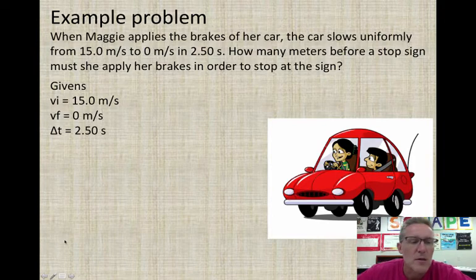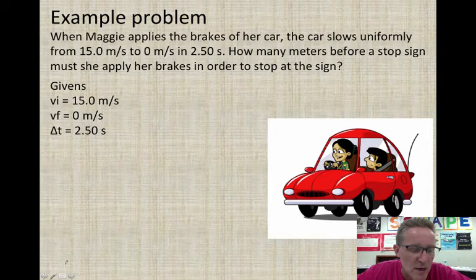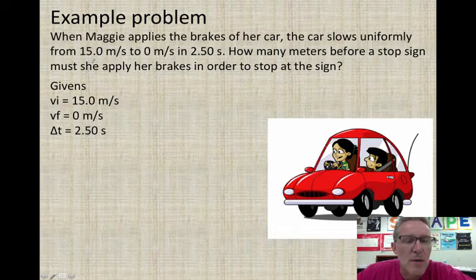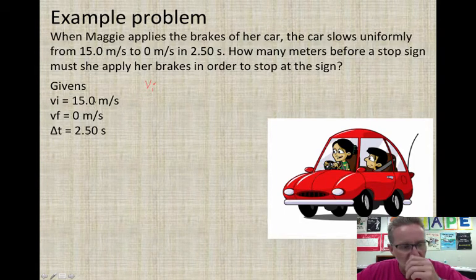A really good practice is to identify your givens. I've kind of already done this, but let's read through it and make sense of it. She's already traveling at 15 meters per second, so that's our velocity initial, signified by VI, which you'll often see as V sub I. That's 15 meters per second.